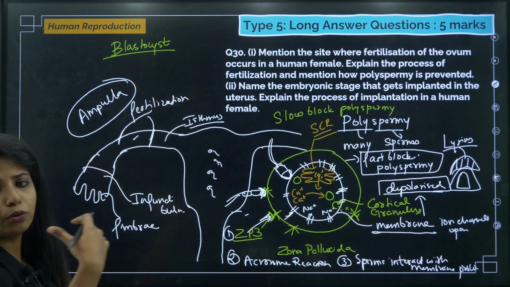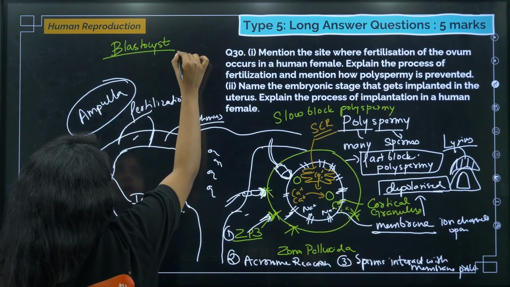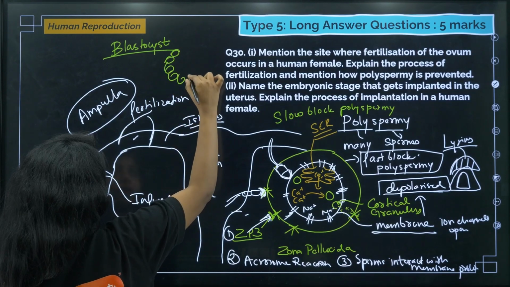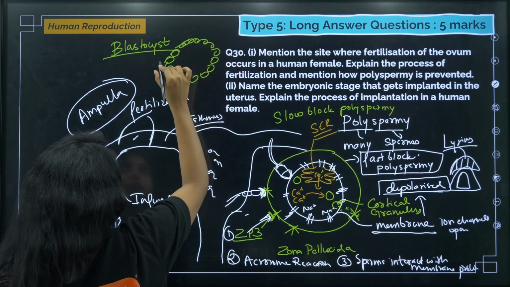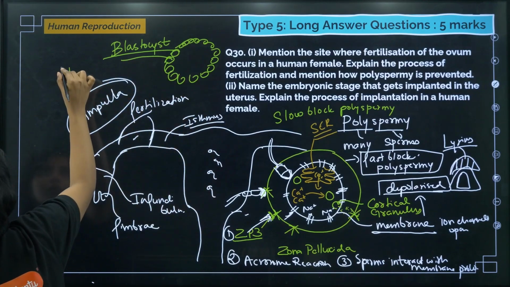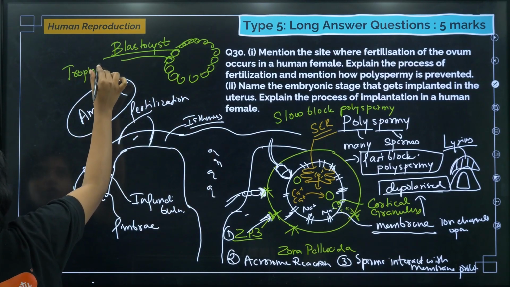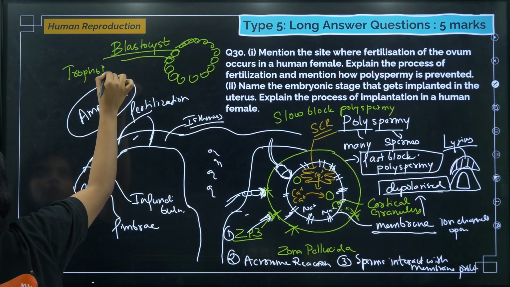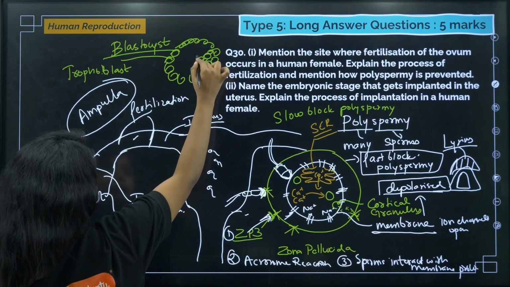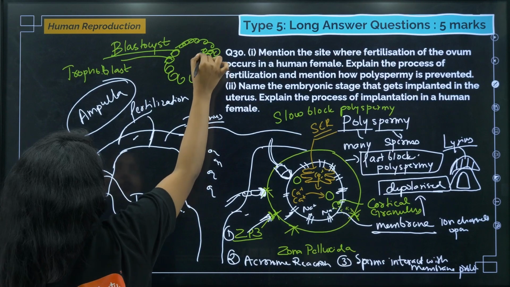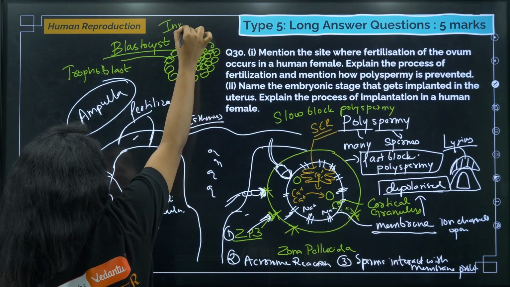Basically, it has 100 to 120 blastomeres, and there will be an outer layer like this. You call this layer the trophoblast, and there will be a layer like this inside, which is known as the inner cell mass.